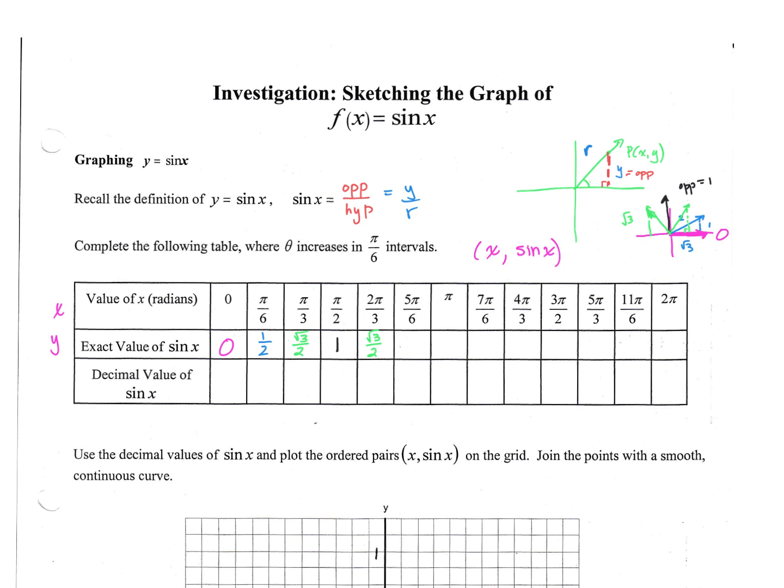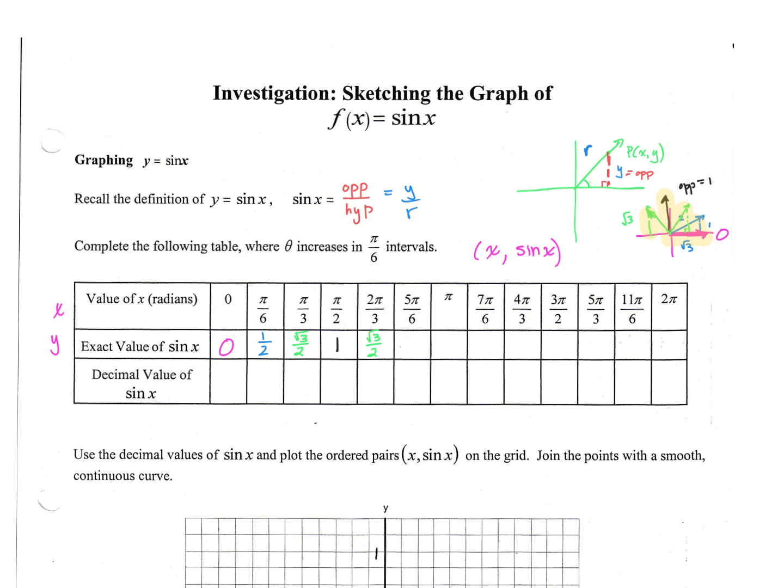Sine started with a height of 0. Our opposite side, that height, is getting longer and longer as we rotate until we reach our maximum height at 1. And then we start to decrease again in height, and we're going to continue to do that as we unravel.